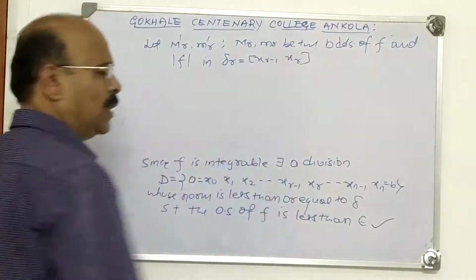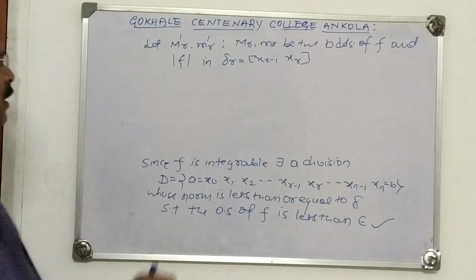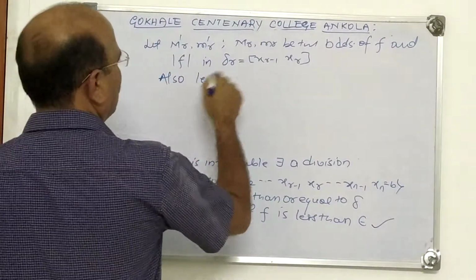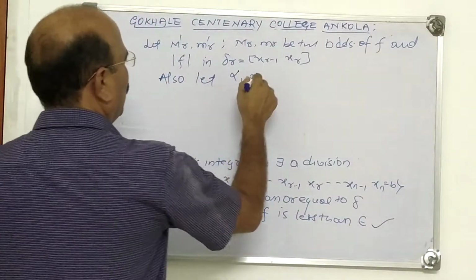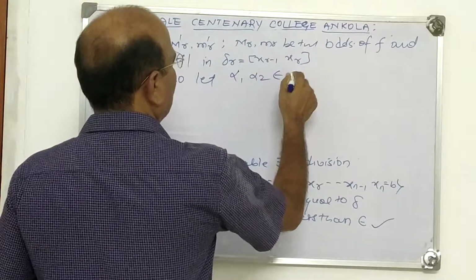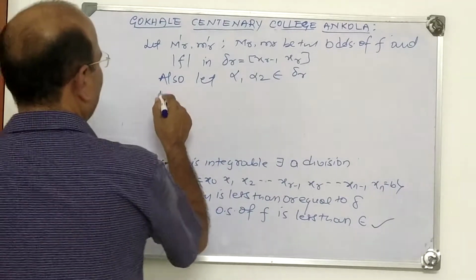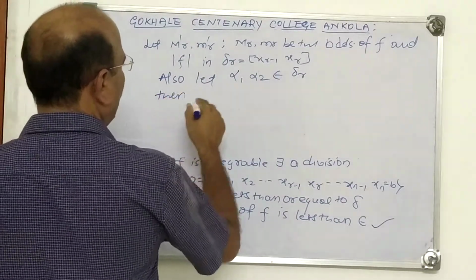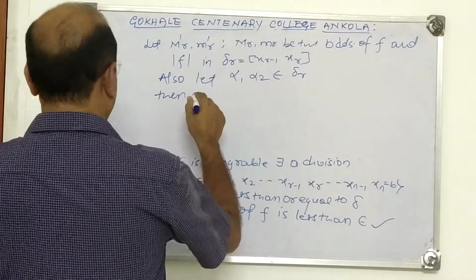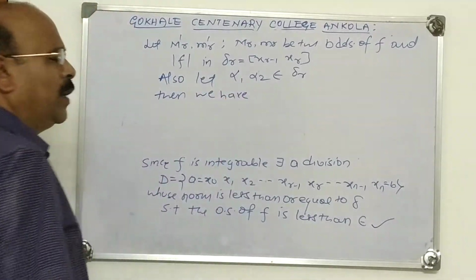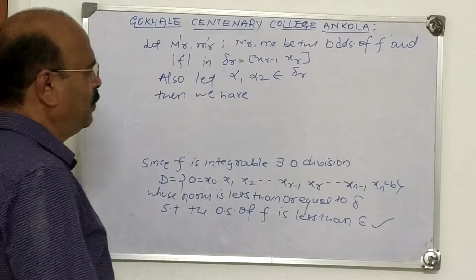It is the r-th subinterval. Also, let alpha 1, alpha 2 belong to the subinterval xr minus 1, xr. Then we have one lemma here. What is the lemma?